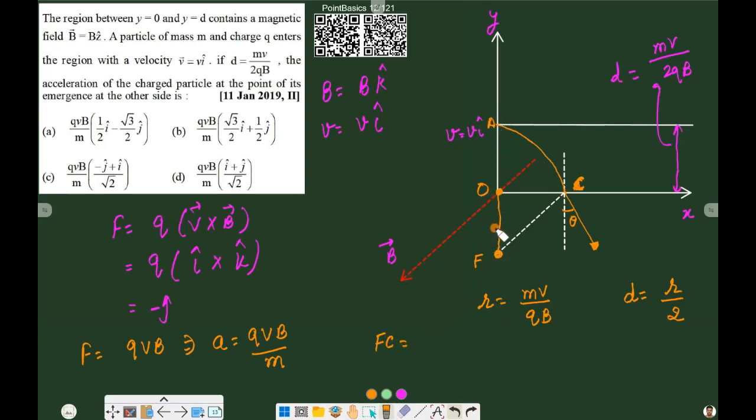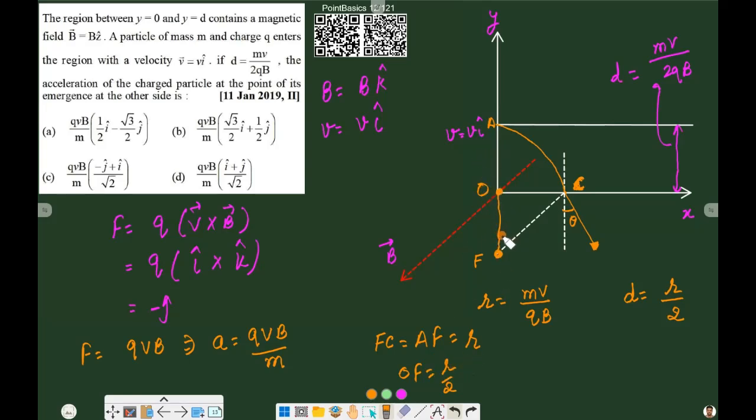In the diagram they may not look equal, but AF is the radius of this circle, and FC is also the radius of this circular motion. So FC is equal to AF is equal to R, and as we know AO is equal to R by 2, OF is also R by 2. As AF is R and AO is R by 2, OF will be R minus R by 2, so R by 2.